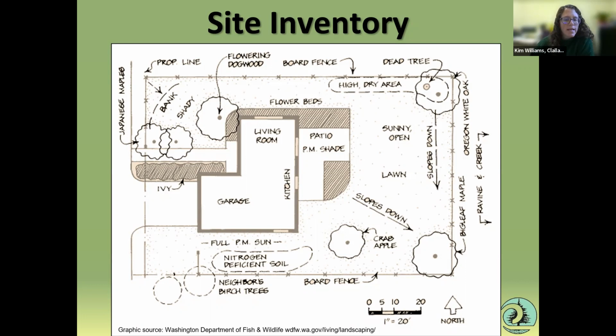You've done soil testing and you know that it's nitrogen deficient soil right down here. There's a dead tree right there. You just start noticing all these things, and it really helps you to make a complete plan. And dead trees, I just want to say, are excellent habitat trees for birds and woodpeckers.